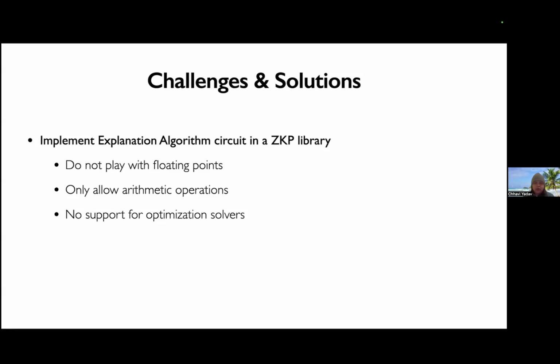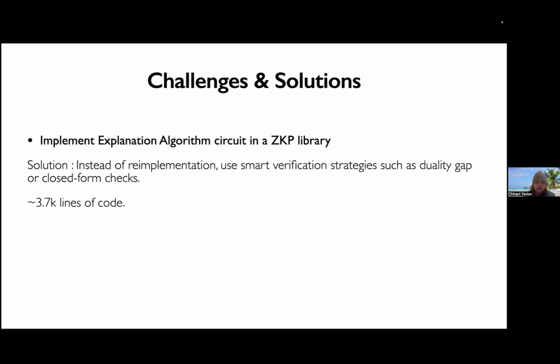The major thing here is optimization solvers, because you have to train a linear regression or whatever model to get the linear model. So instead of re-implementation, we use some strategies, such as duality gap checks or closed form checks. Instead of checking that every step of the optimization solver is correct, we can verify that the end solution is correct. Basically, that's what we are trying to do here.